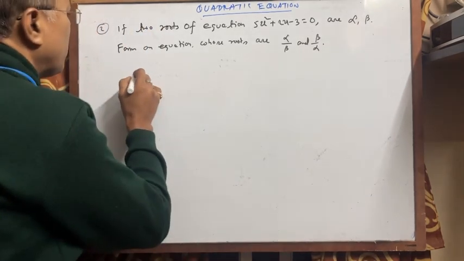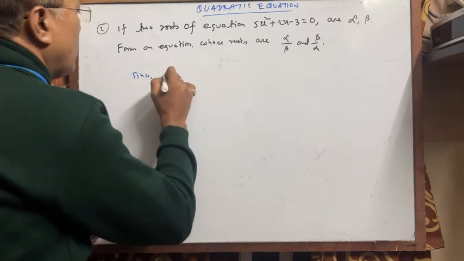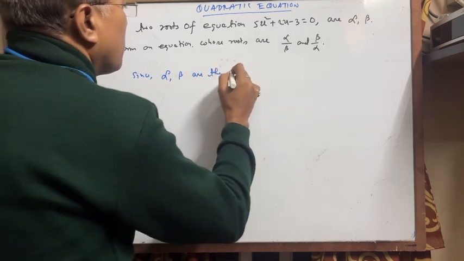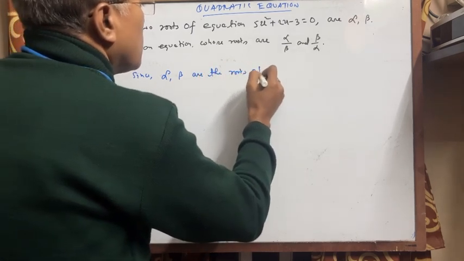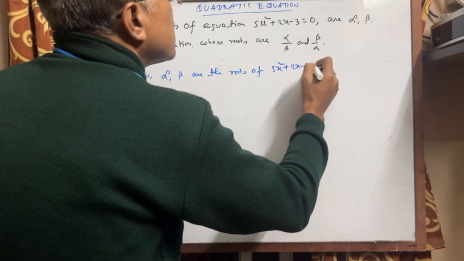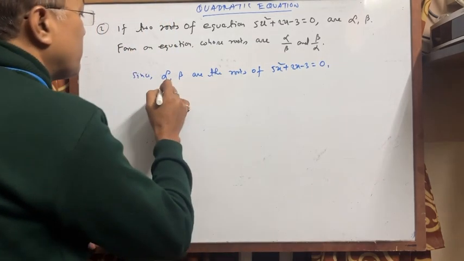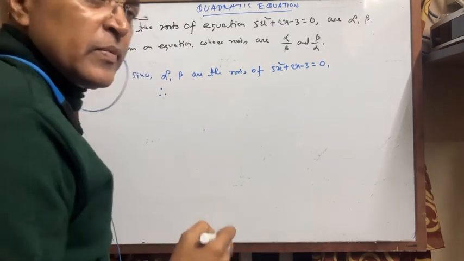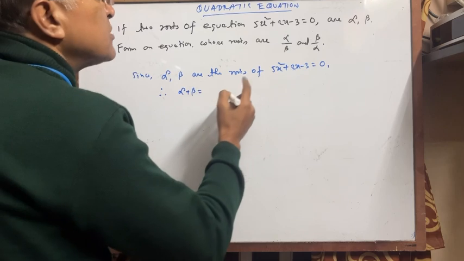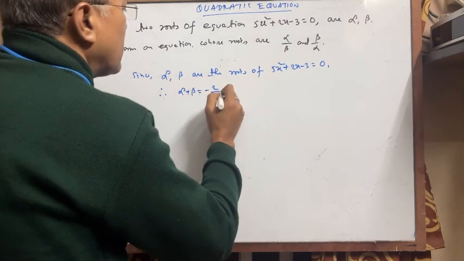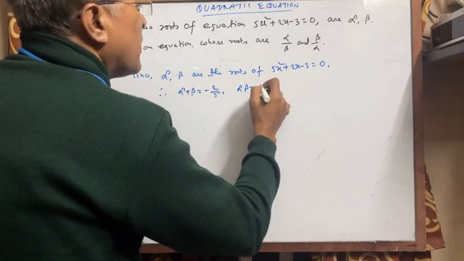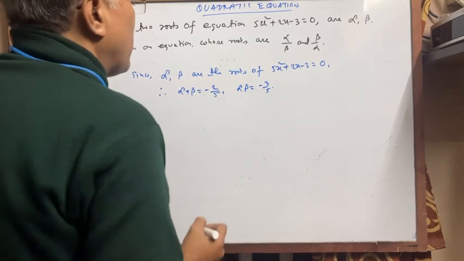Since alpha and beta are the roots of 5x square plus 2x minus 3 is equal to 0, therefore sum of two roots, that is alpha plus beta, is equal to minus 2 by 5, and product of two roots alpha beta is equal to c by a, that is minus 3 by 5.